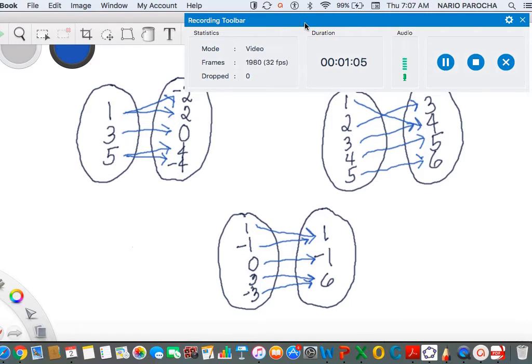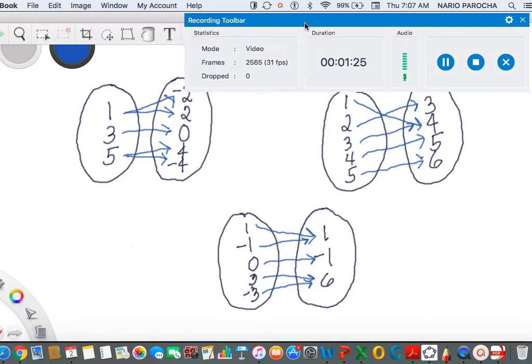Let's look at the first mapping diagram. We see that 1 corresponds to -2, 1 corresponds to +2, 3 corresponds to 0, 5 corresponds to 4, and 5 also corresponds to -4.